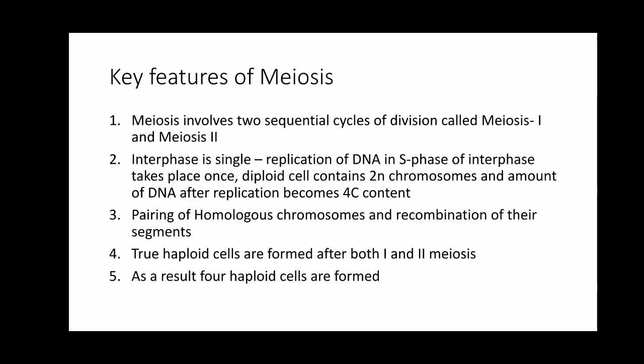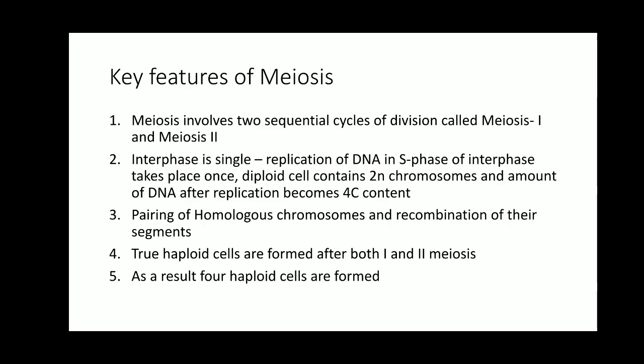Though there are two meiotic cell divisions, there is a single interphase and single DNA replication. The diploid cell contains 2n chromosomes and the amount of DNA after replication becomes 4C. As usual, only the amount of DNA doubles in the S phase, but the chromosome number remains the same.